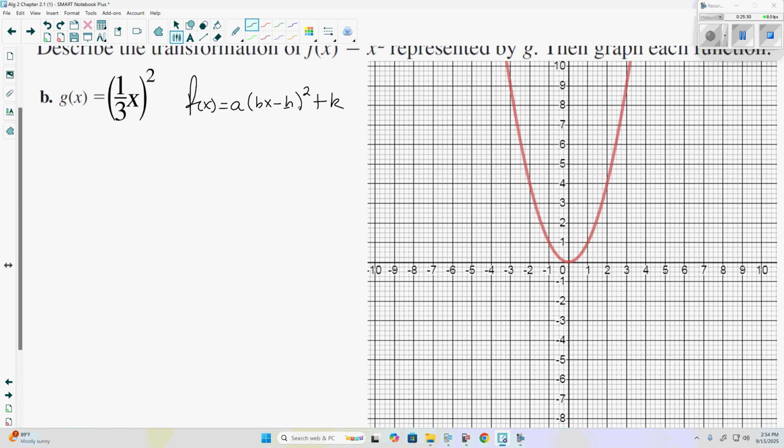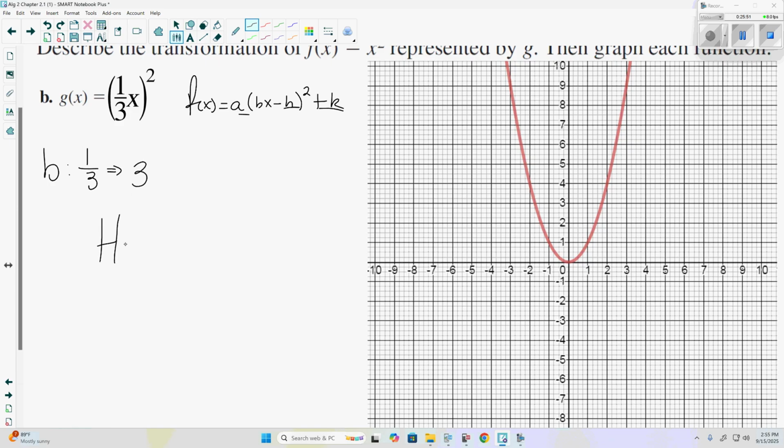Do we have a value for H or K? No. Do we have a value for A? The only value that we have is for B, because the value they gave us for B is 1/3, but the value that we're really going to look at is 3.